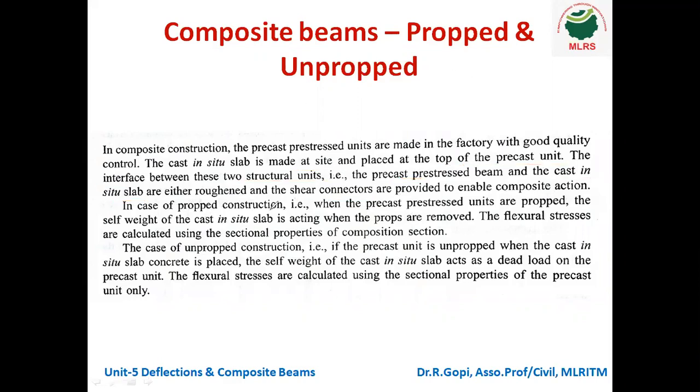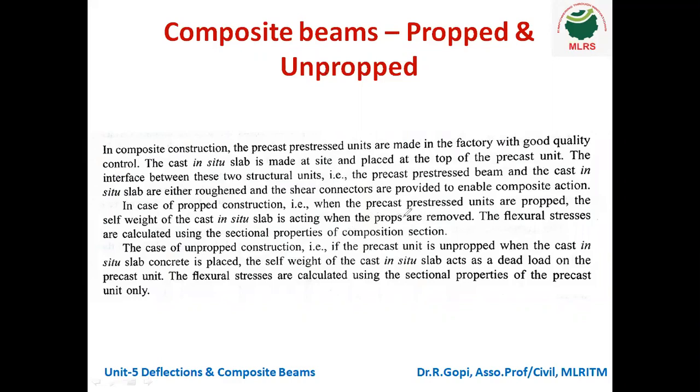In the case of propped construction, initially the I section beam is propped. That means below the beam we are giving supports, a lot of supports. Now above that beam we are providing RCC concrete.